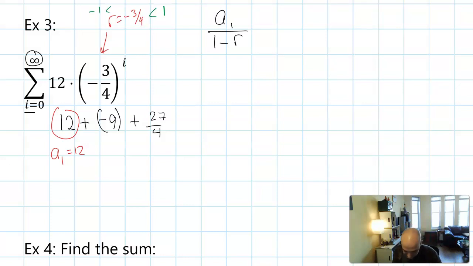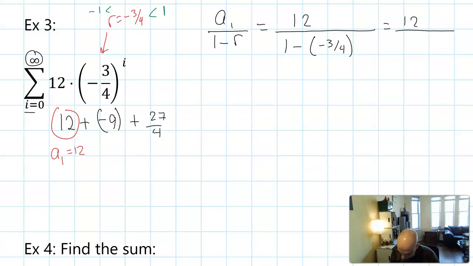So let's see what this sum should compute out to be. a1 over 1 minus r is 12 divided by 1 minus negative 3/4. So that's going to be 12 over, minus minus, 7/4. So that should compute to 12 times 4, which is 48, so 48 over 7.